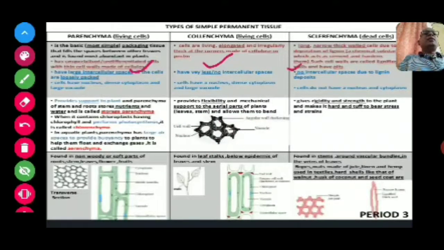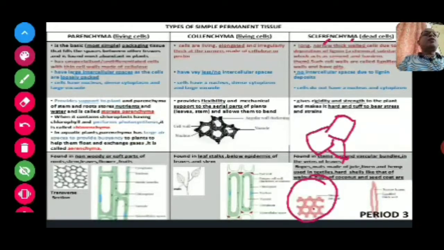And the third one is the sclerenchymatous tissue. Sclerenchyma is made of long, narrow, thick-walled cells, due to the deposition of lignin all around the cell.